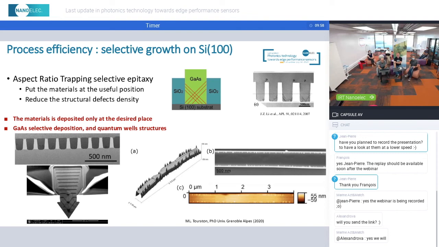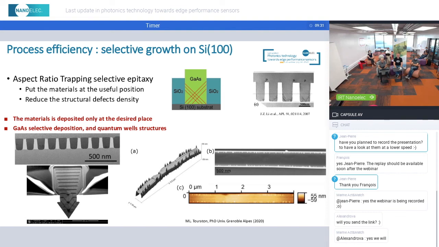For the near future, what we want to do is to make the complete process by MOCVD in 300 millimeters, and to implement what people call aspect ratio trapping selective epitaxy, which allows blocking a part of the dislocations at the sidewall of the silicon dioxide. We have demonstrated that we could grow gallium arsenide in a cavity on the whole 300 millimeter wafer with good control of thickness uniformity and also composition.